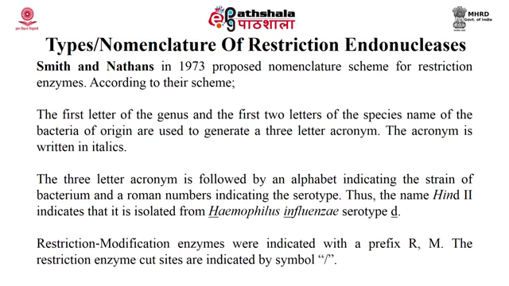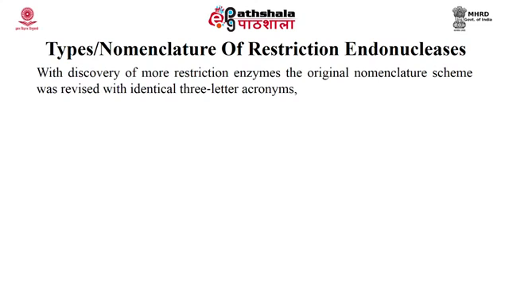Restriction modification enzymes were indicated with a prefix RM. The restriction enzyme cut sites are indicated by the symbol /. With the discovery of more restriction enzymes, the original nomenclature scheme was revised with identical 3-letter acronym.